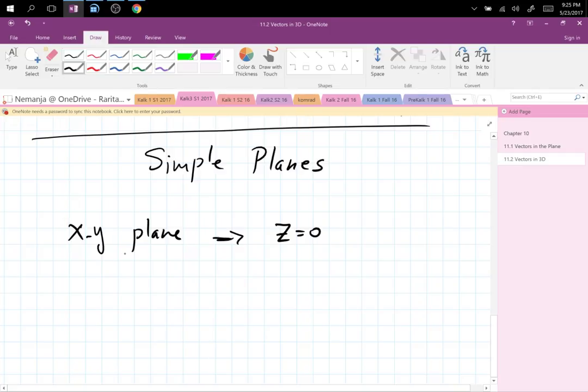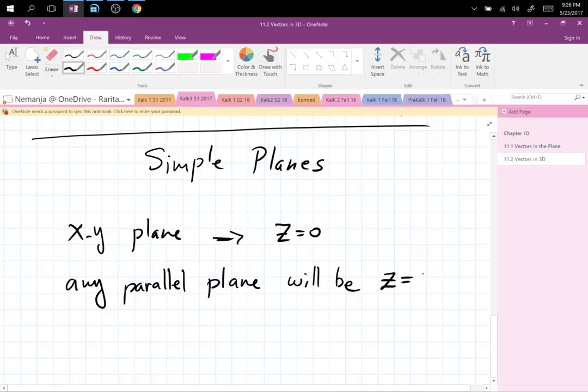So xy plane can be described as z equals 0, and then any parallel plane will be z equals to some number, let's call it c.